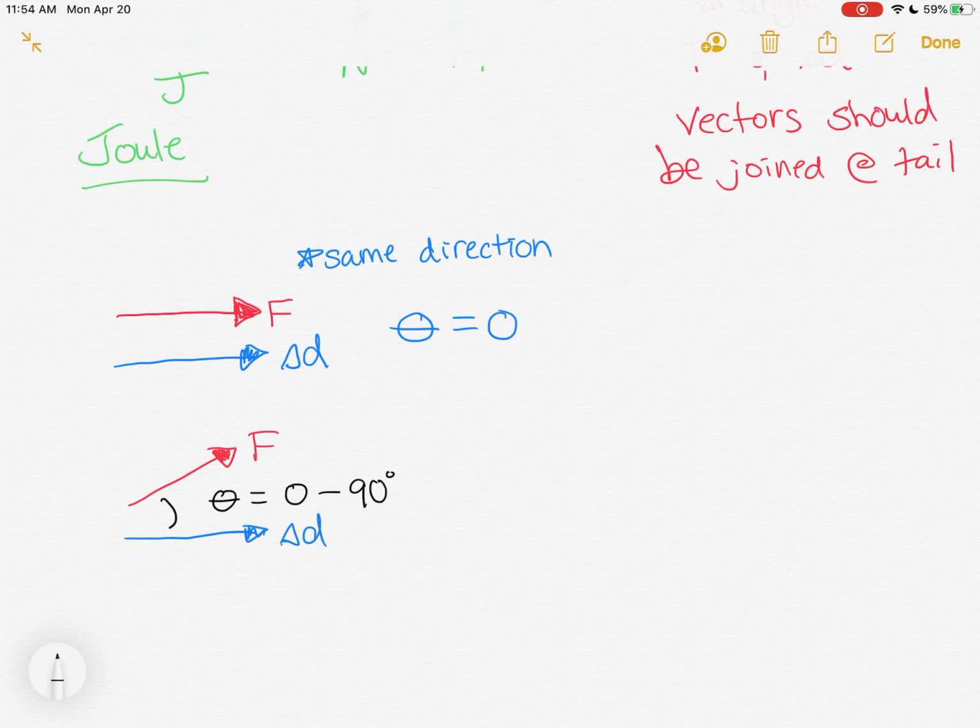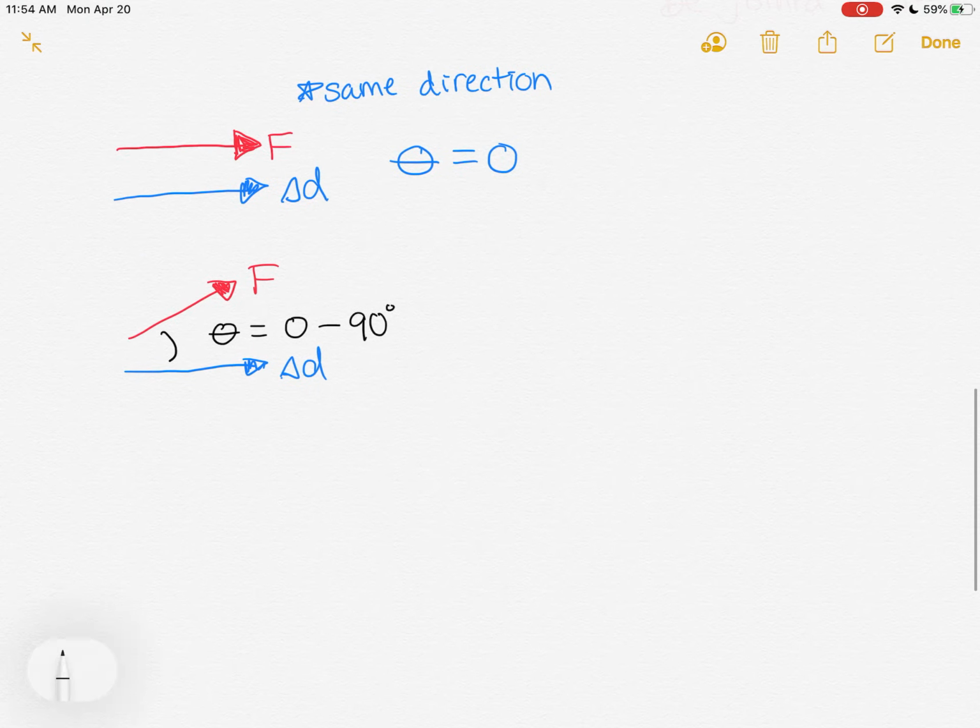They're going in roughly the same direction, but obviously this specific picture is not 90 degrees. It's a little less than 90 degrees, but a little more than 0 degrees. So our angle is not 0, but also not any higher than 90 degrees, and likely we'll be given that angle in the actual question. So the force and the displacement aren't going in exactly the same direction, but they're going in roughly the same direction.